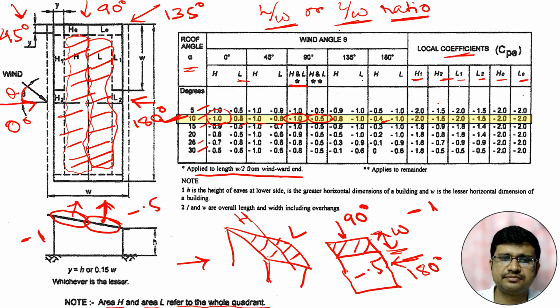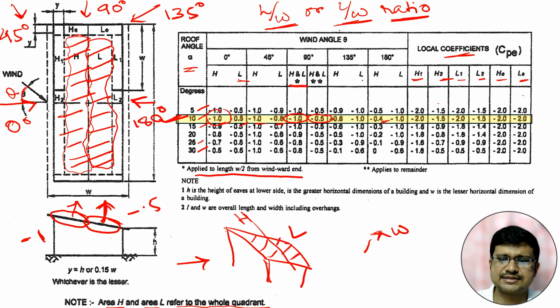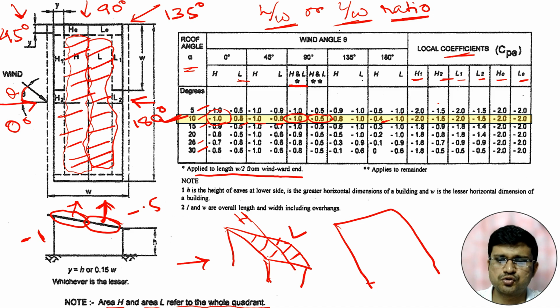H1 is this portion, here it is written H1. H1 is actually that portion which is on the higher side of the building. That means if we think this is the building, monoslope roof, this is the higher end, this is the lower end. At that time we will consider this as our H1, and up to how much length?